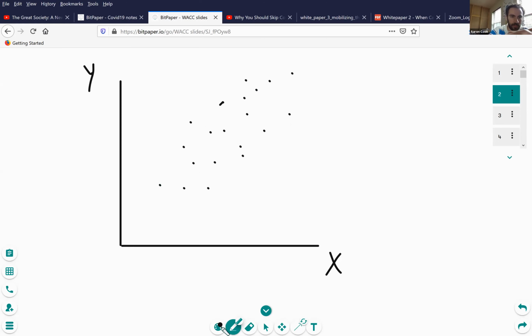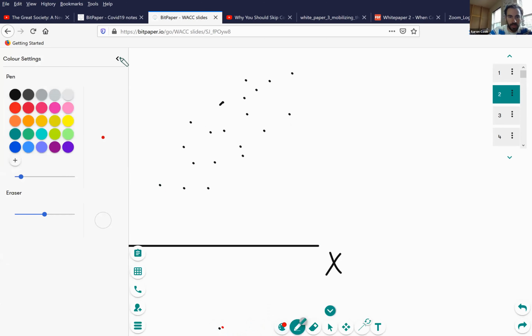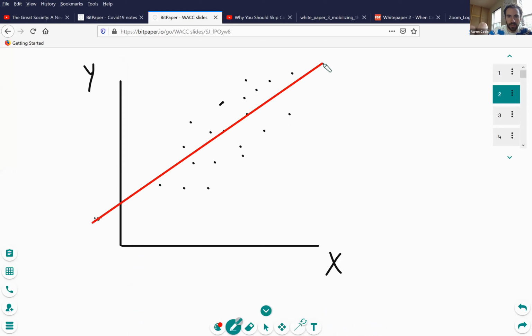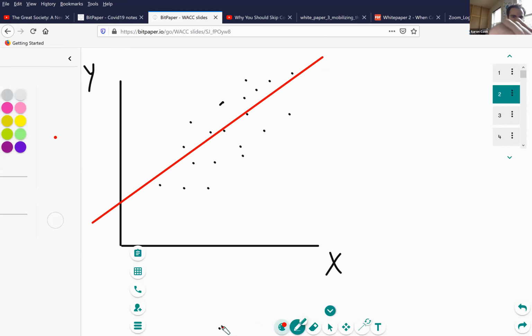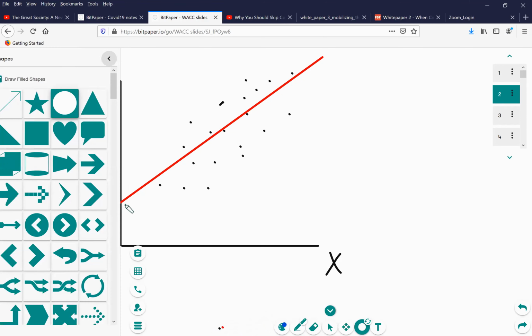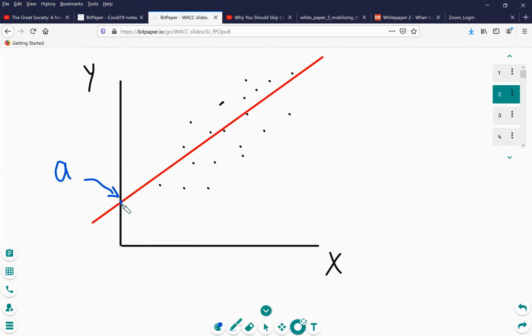There's going to be some line that fits that data, in which case the a parameter is going to be given by that position along the y-axis, and then the b parameter is the slope of the line.